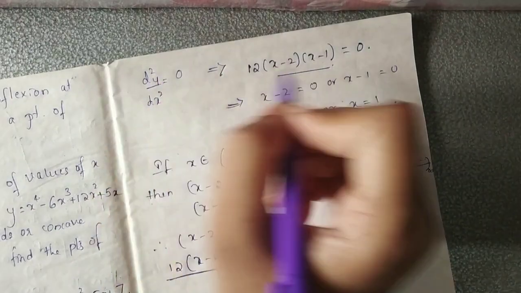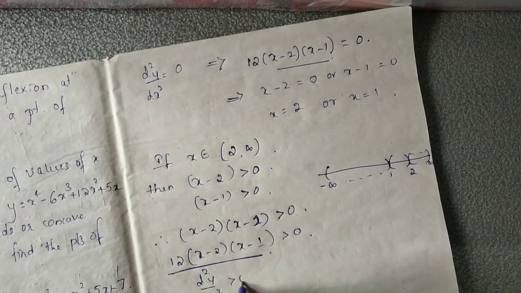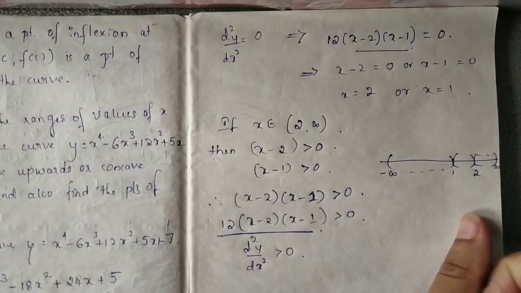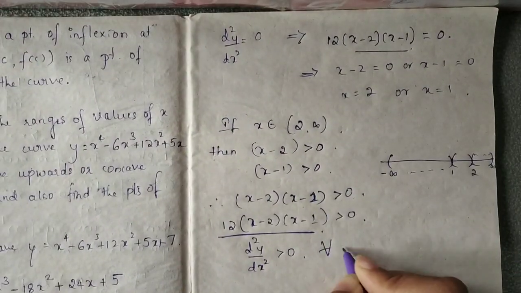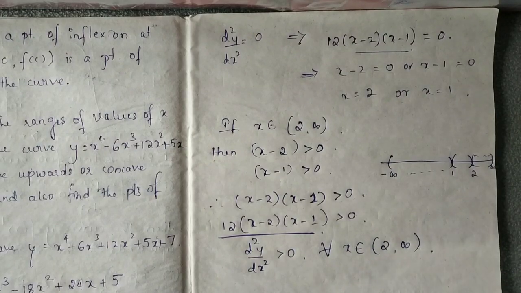But this is the value of d square y by dx square. Therefore, d square y by dx square is greater than 0 for all x belonging to the interval 2 to infinity. Am I clear?